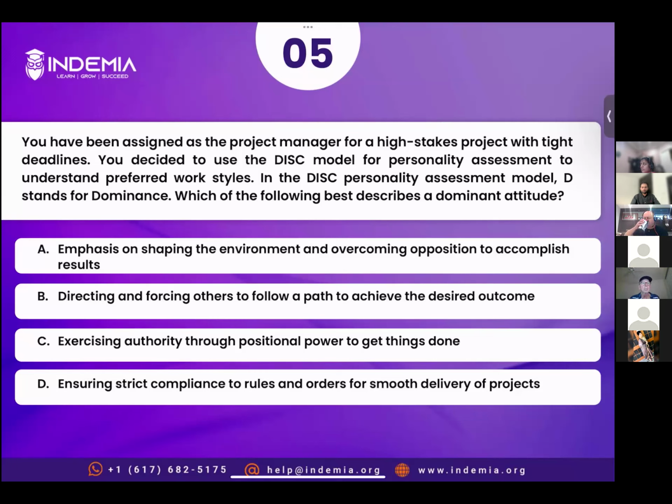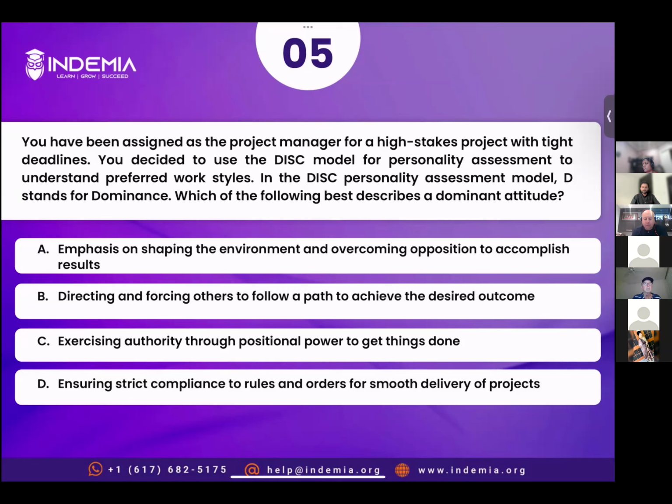So you're dominating means you're controlling things, and dominance is not a bad thing, as Manmeet mentioned. It's a positive attitude, having things within control and getting things done, right? That's dominance. If we read option A, emphasis on shaping environment and overcoming opposition to accomplish results, it tells you some sort of control with positive attitude.